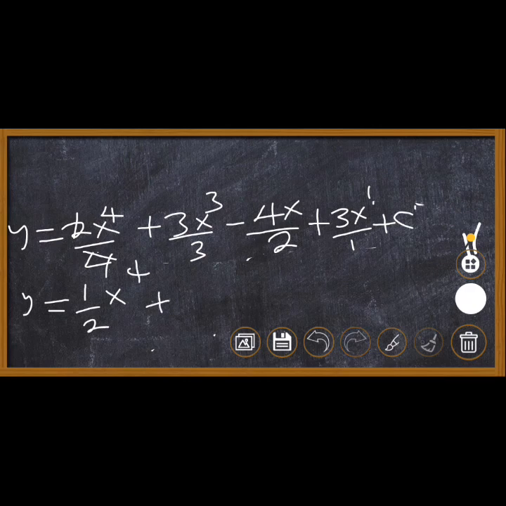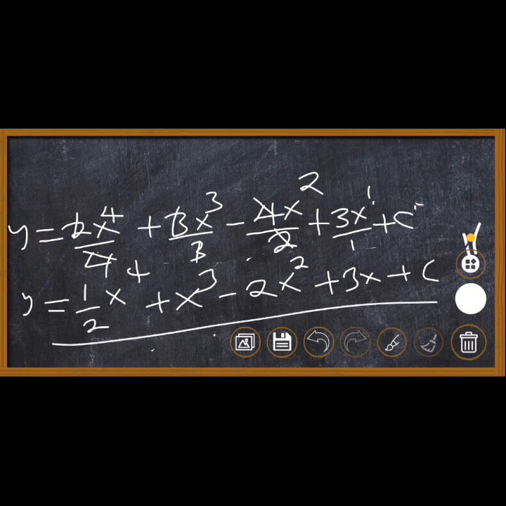Then plus 3, and 3 can cancel, we have x power 3, and then minus 2 into 4 can go how many times? Twice. So we have 2x squared, then plus x, 3x power 1. You cannot include the power 1 if you don't want to, and when you divide 1 into 3, it's just 3, so 3x there, then plus the constant value, what? C. So that's how we go about this one.